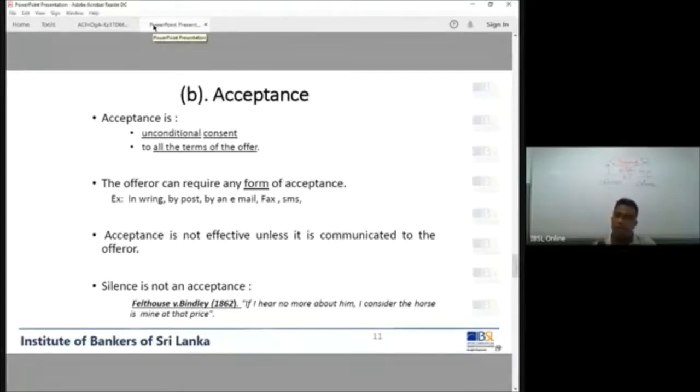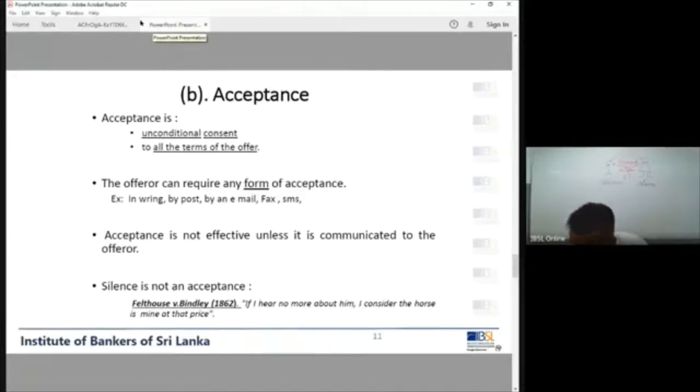Now, for example, one party, the offeror, makes an offer to the offeree. The offeree likes the offer and has the intention to accept it, but didn't communicate the acceptance to the offeror. So in that case, the acceptance is not complete or effective because it is not communicated to the offeror.